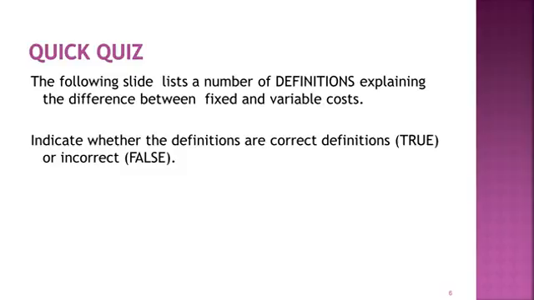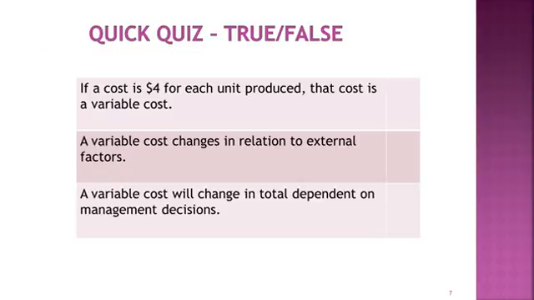So again, another quick quiz. The following slide lists a number of definitions explaining the difference between fixed and variable costs. Indicate whether the definitions are correct, so true, or incorrect, false. Let's have a look at each of them. If a cost is $4 for each unit produced, that cost is a variable cost. That is true.